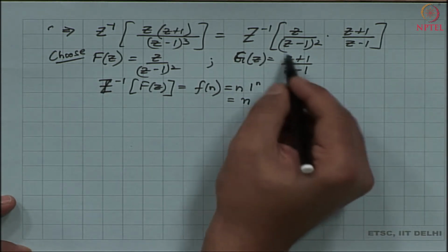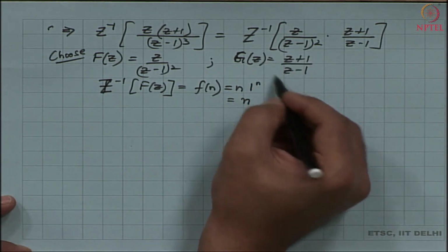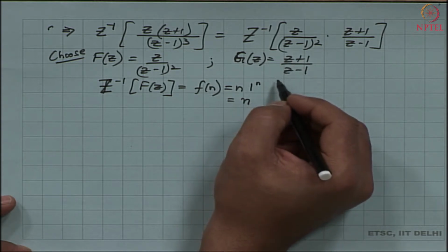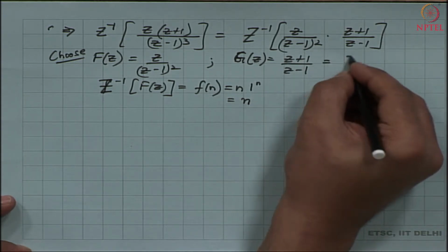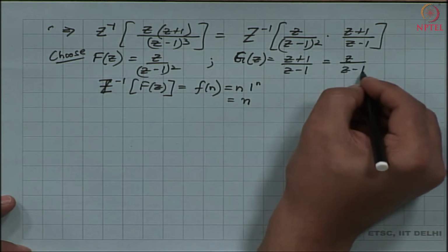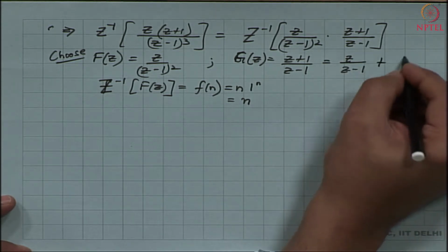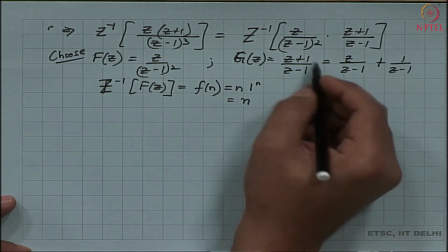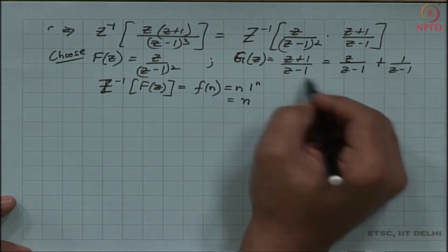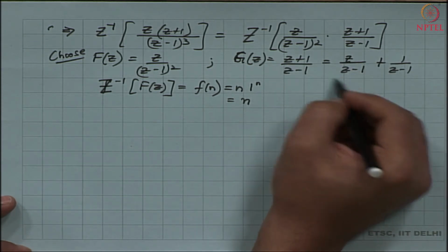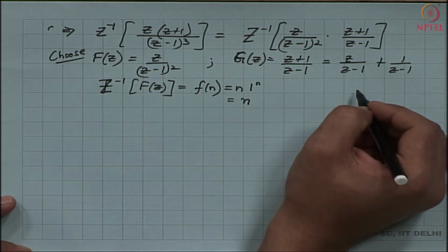Now, to find the inverse transform of G of z, notice that this function is also z by z minus 1 plus 1 by z minus 1. So, I have broken down the numerator to write this rational function as the sum of two partial fractions.